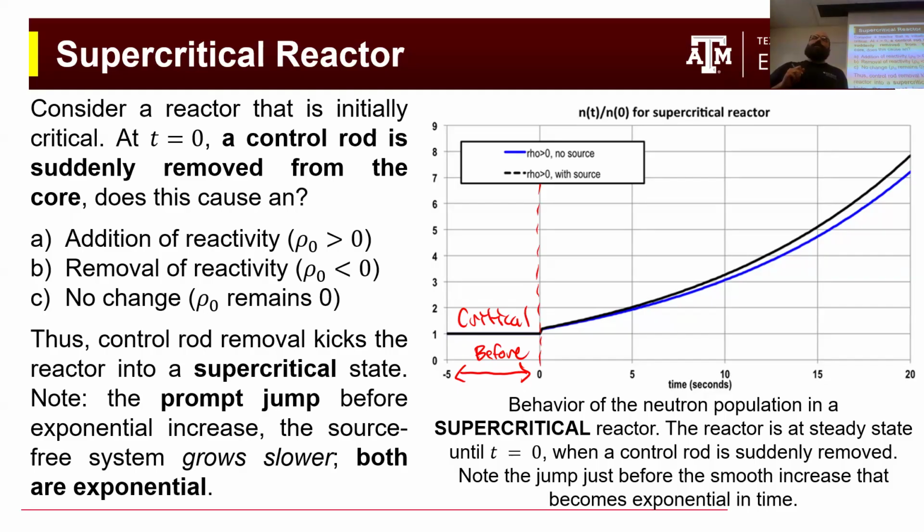The reactor was initially critical before t equals 0. And then at t equals 0, something happens. In this case, a control rod is going to be suddenly removed from the core. If we remove a control rod from the core, what kind of reactivity insertion is that? Is that positive reactivity? Is that negative reactivity? Or does that not change the reactivity?